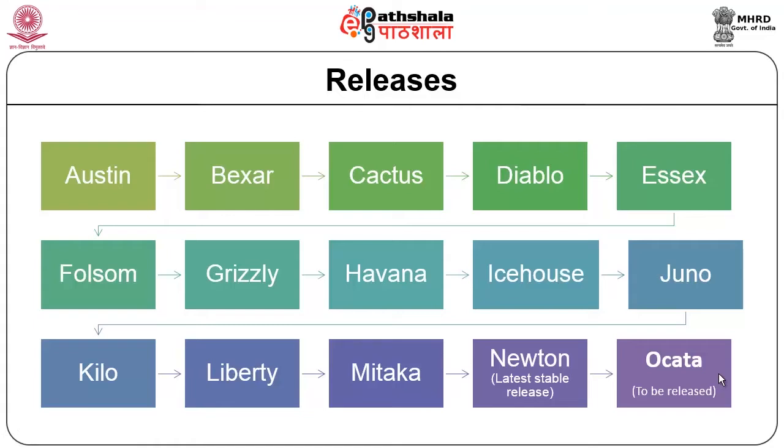Now, the names are generated or created based on some locality where the Open Summit has been held, or sometimes it will be some speciality of that location, but it is related to the locality where the summit is being held.